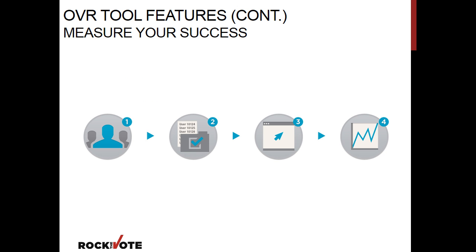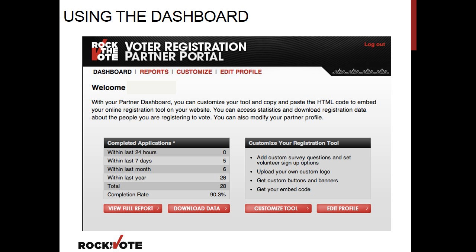And from a funding perspective, obviously it's better to have real data and metrics to be able to show the impact that you've had. So a really great feature of the Rock the Vote website is our dashboard, next slide Doug, that allows you to see all of this information. Everyone who comes through your instance of the Rock the Vote tool, they're non-personally identifiable sensitive information.